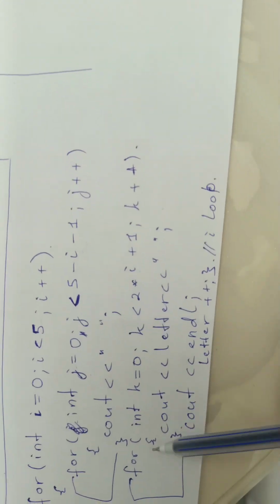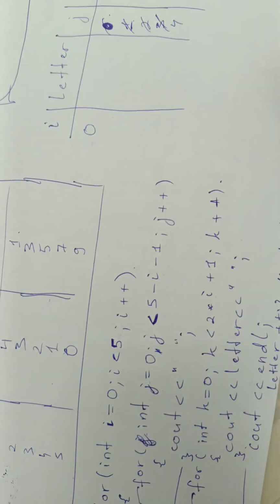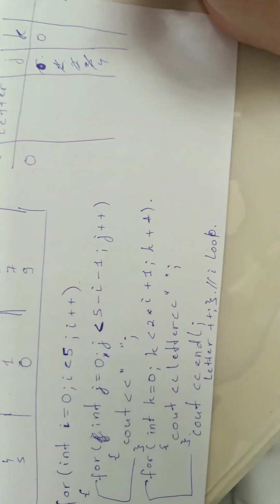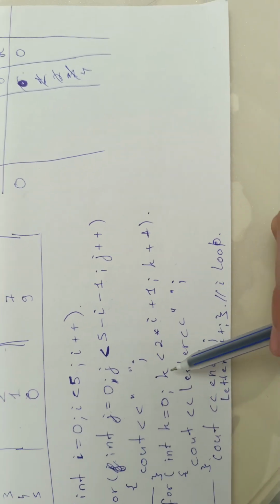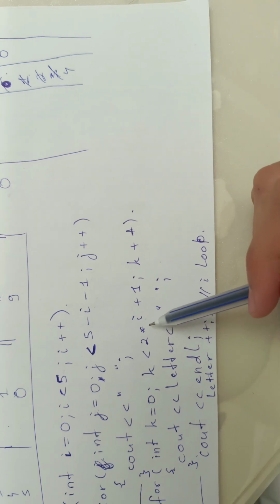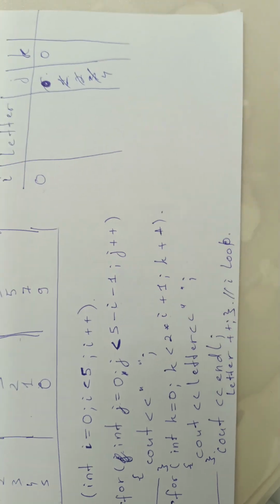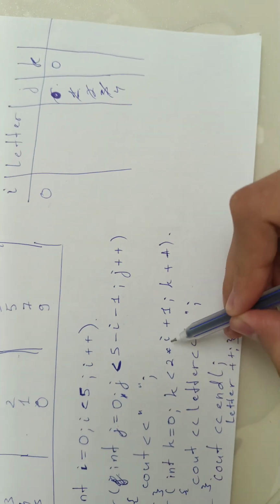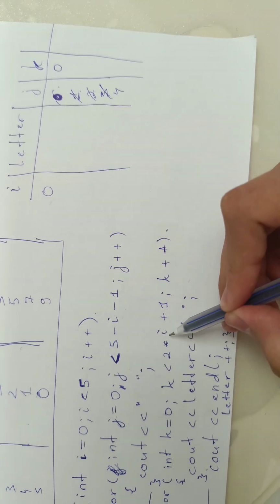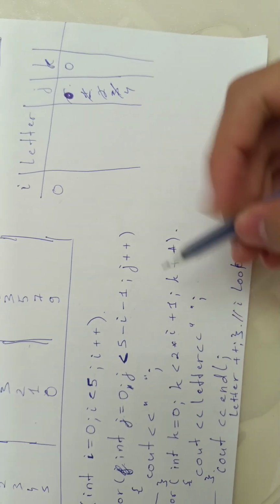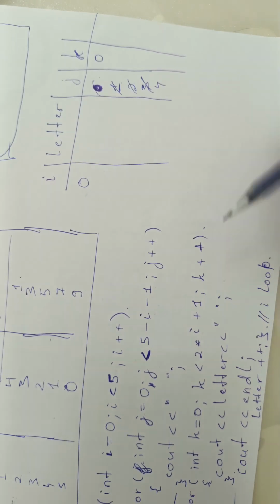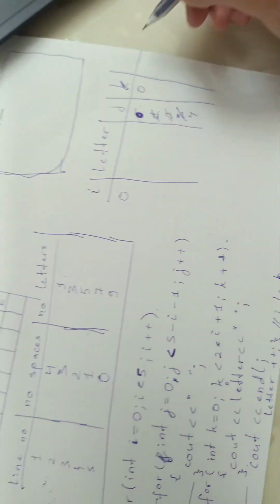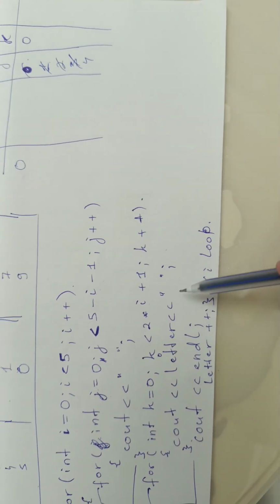So it goes to the k loop. k was 0, and k is less than 2 multiplied by i plus 1. So i is 0, 2 multiplied by i is 0, and plus 1 is 1. So 0 is less than 1, so it will print out the letter and 1 space.